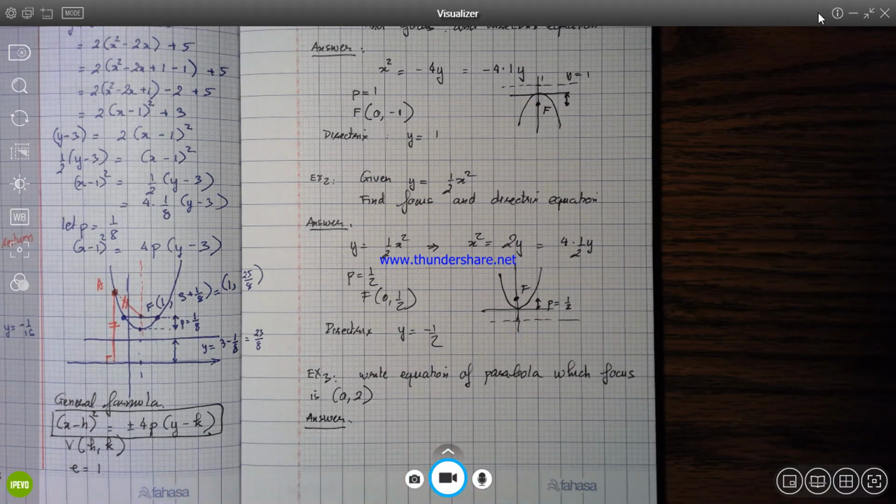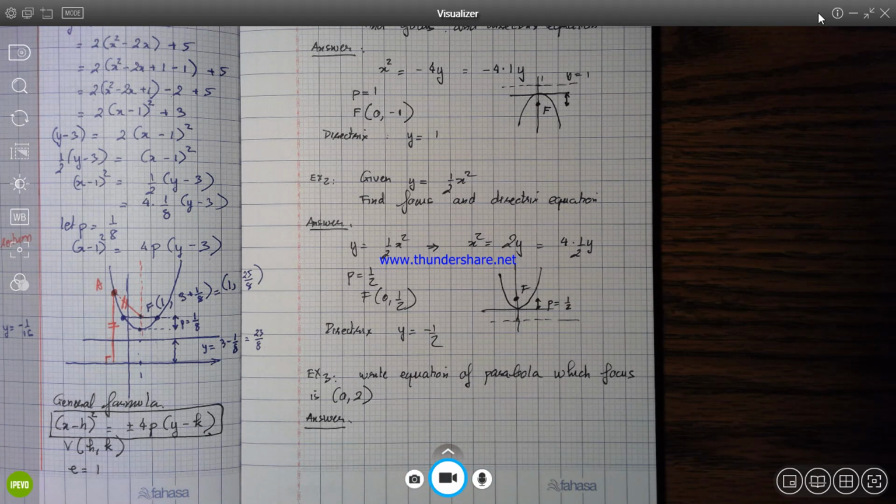Alright, so if you read the information, the focus is (0, 2), it means what? It means the focus F is on the y-axis, right? And if the focus is on the y-axis, this is above the x-axis. (0, 2) is above the x-axis, it's on the y-axis.